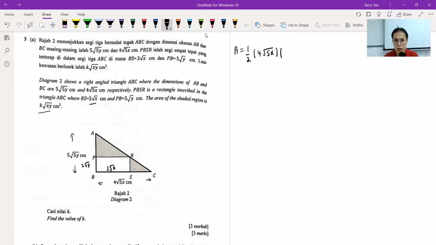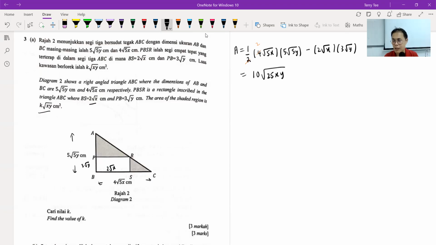Your height of your triangle is 5 surd 5y. Area of the rectangle is 2 surd x times 3 surd y. So let's cancel 4 and 2, left with 2. This 2, I multiply with the 5 in front. That will be 10 surd 5 times 5, 25 xy.